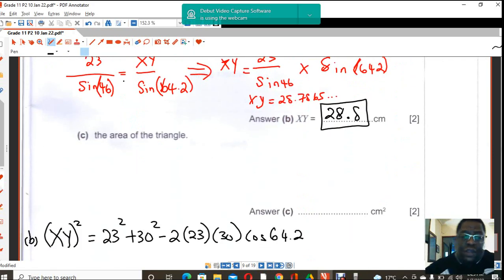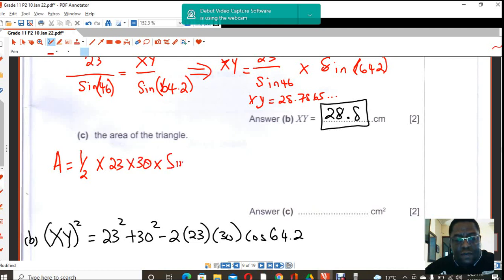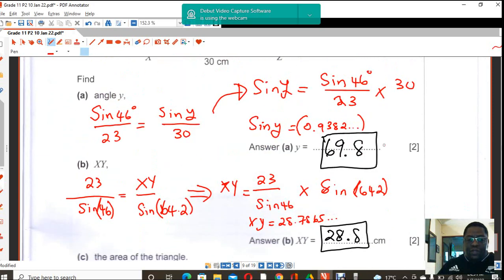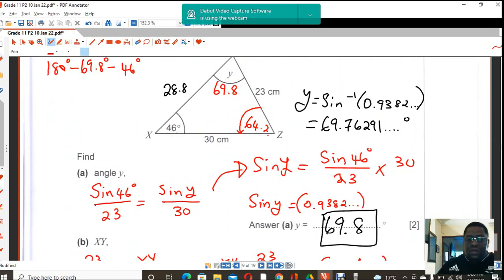So the area of the triangle is a half times 23 times 30 times the sine of the angle in the middle, 64.2.